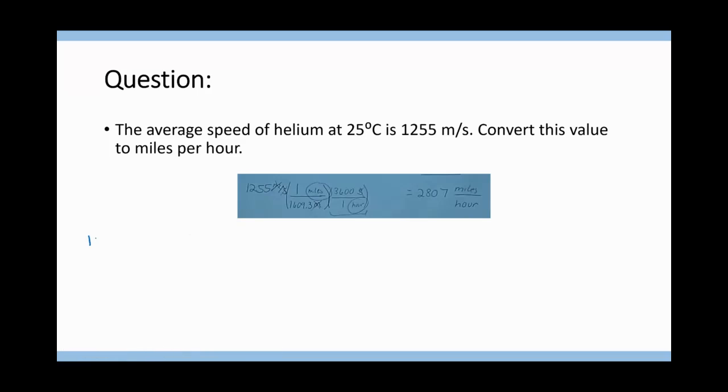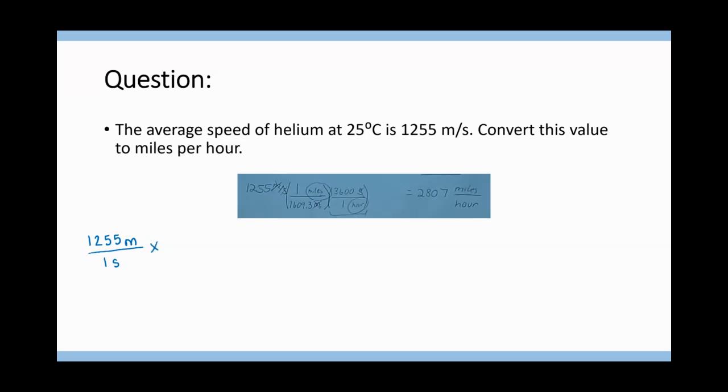So if we start with 1,255 meters over 1 second, we need to do 2 conversions. One is converting meters to miles, and the other is converting seconds to hours. In this example, they start with converting meters to miles.